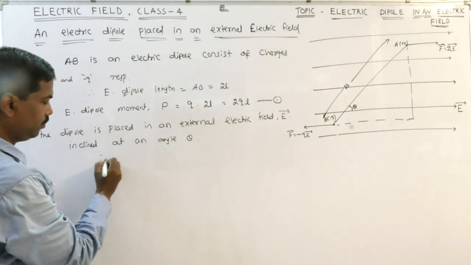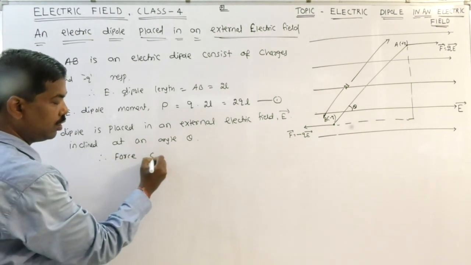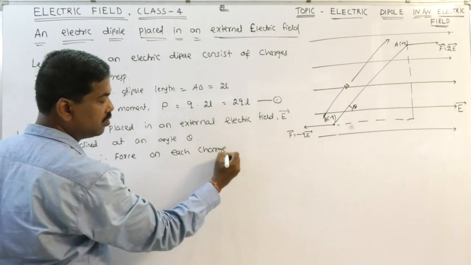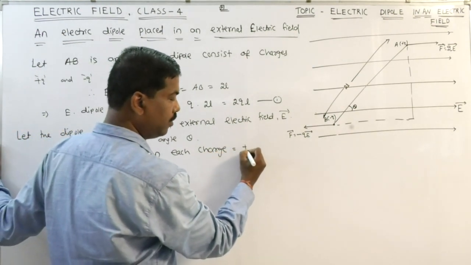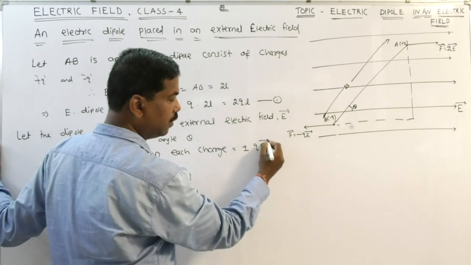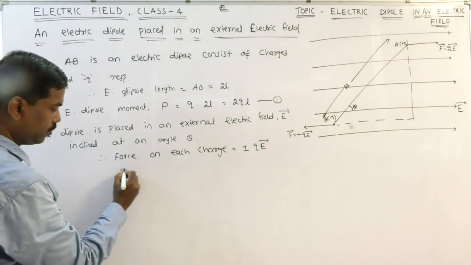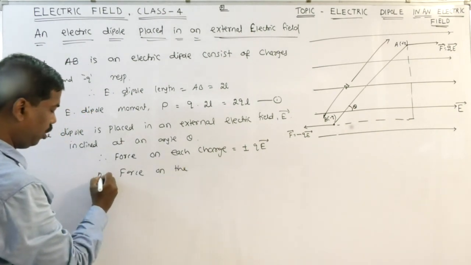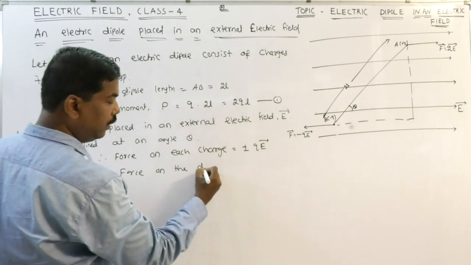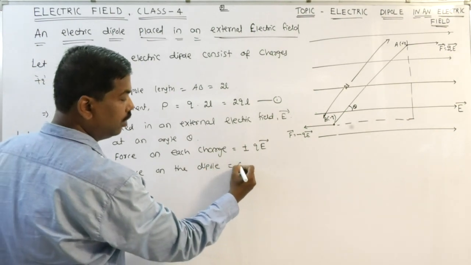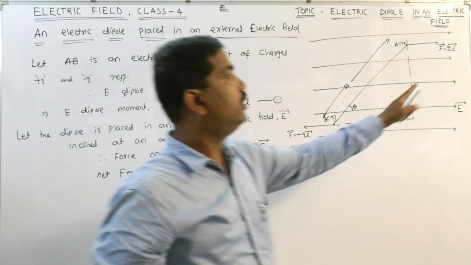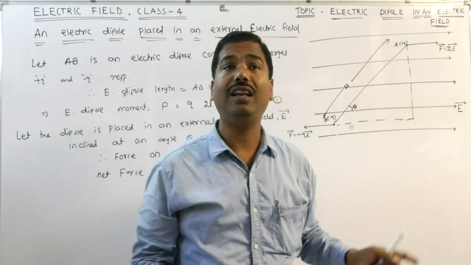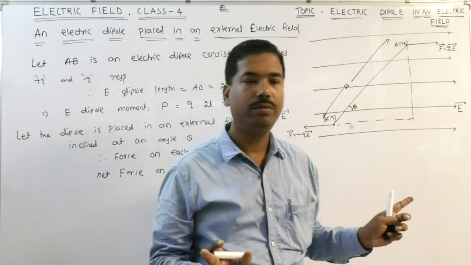Therefore, force on each charge is plus or minus qE. Net force on the dipole is equal to 0 because this plus qE and this minus qE are equal and opposite, hence they cancel each other. Clear? Okay? Get it?